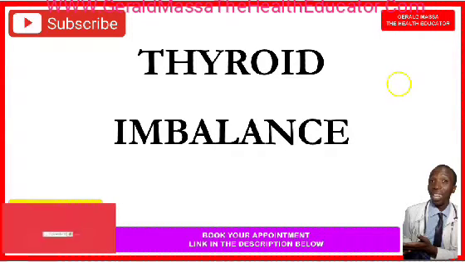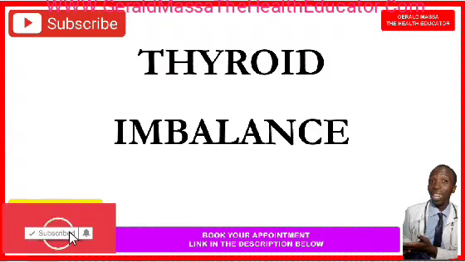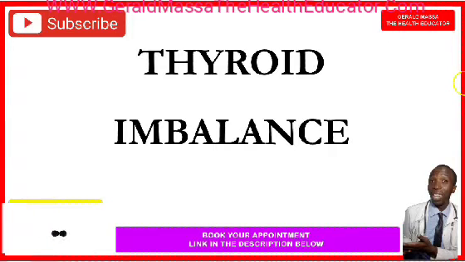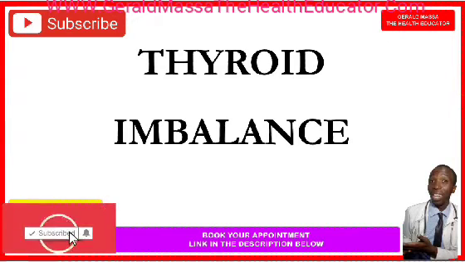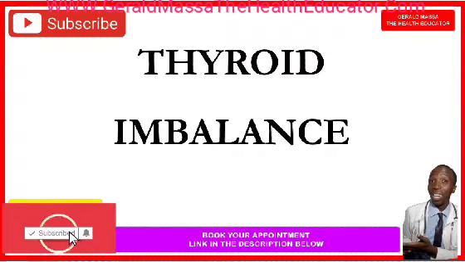An underactive thyroid gland is a thyroid gland which is working, but really sluggishly, at low levels, at its minimum. So when we talk about thyroid imbalance, we are looking at an overactive thyroid gland and an underactive thyroid gland.